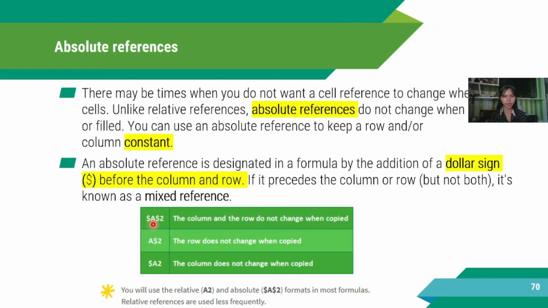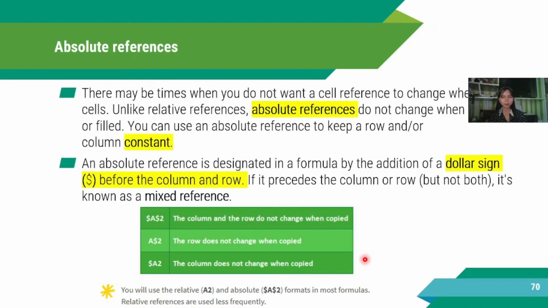Okay, so A2, so instead of A2, naa siya $A, $2. The column and the row do not change when copied. Then A, then $2, the row does not change when copied. $A2, the column does not change when copied. So, pwede ra, either sa, kung sa imuhang i-remain constant.